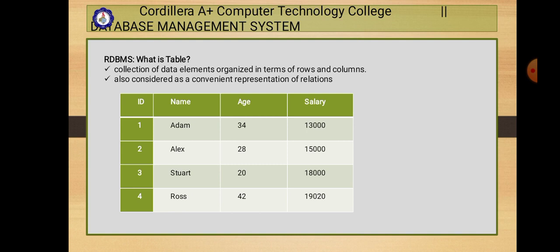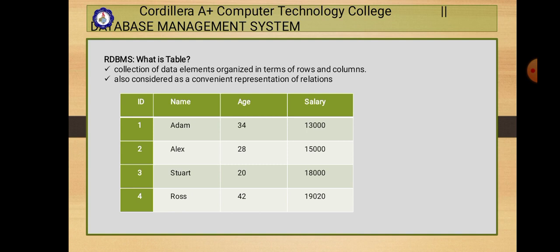So, itong database management natin is ginagamit to manage yung relational database, which is isa siyang collection of organized sets of tables related to each other and from which data can be accessed easily. Okay, so it is also the most commonly used database nowadays.